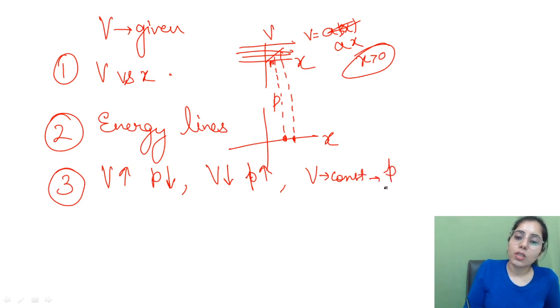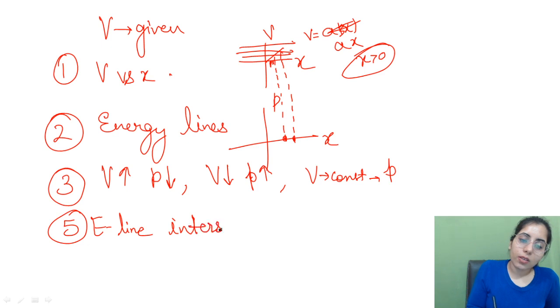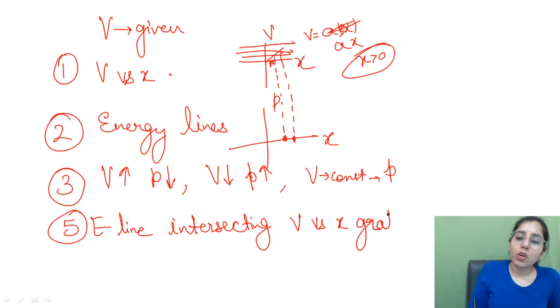But where the energy line intersects the v versus x graph, at those points the momentum in the corresponding graph is equal to 0. That means if you get this type of graph, the momentum at this point is 0. So this was your fourth point.